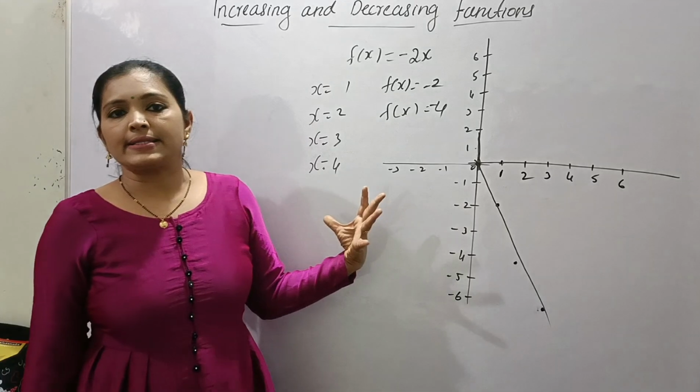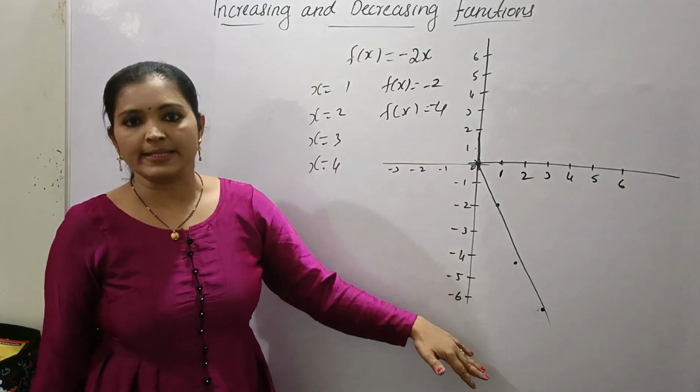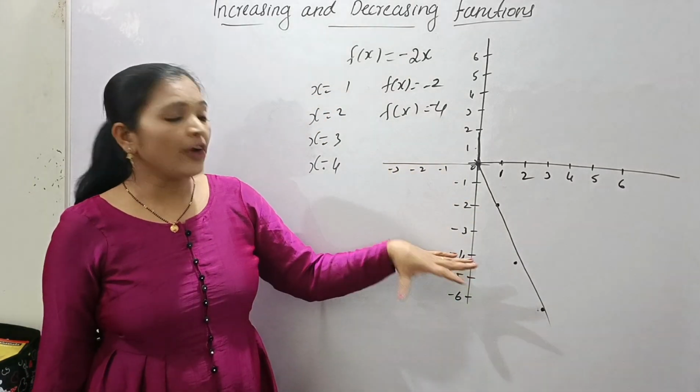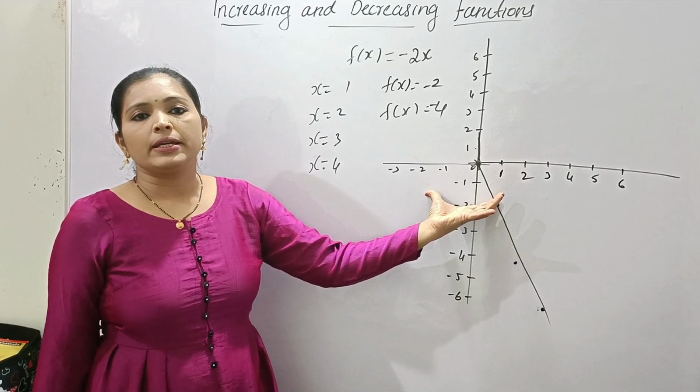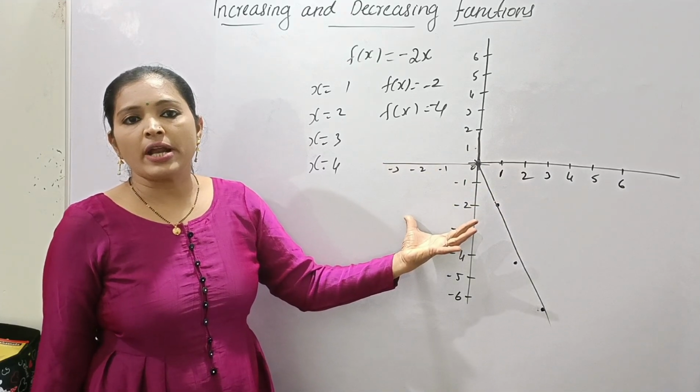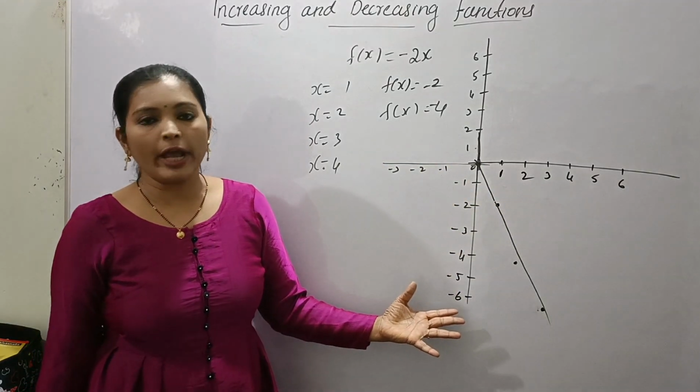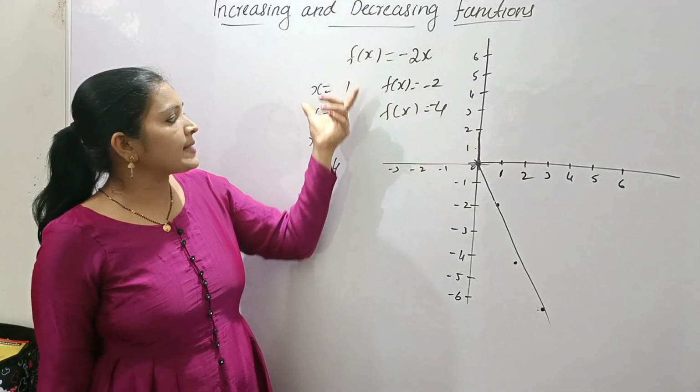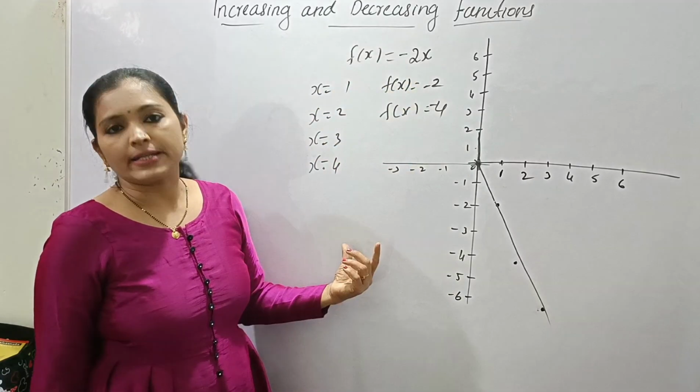So as x increases, f of x decreases, okay? So by the graph we can say the given function is a decreasing function, okay? So here, as x increases, f of x decreases, right?